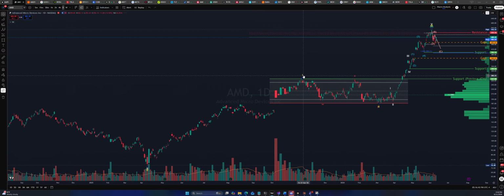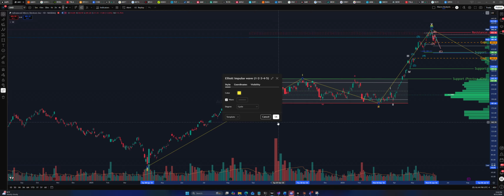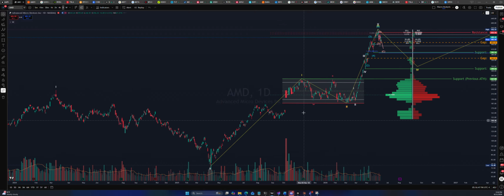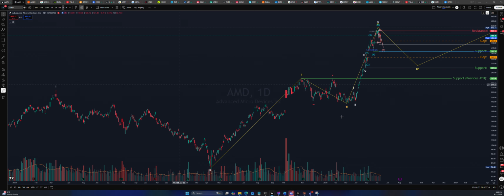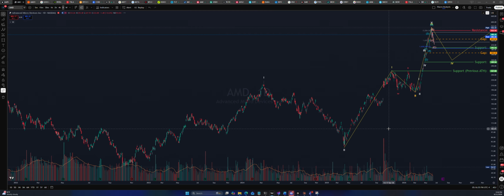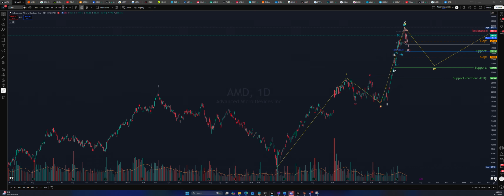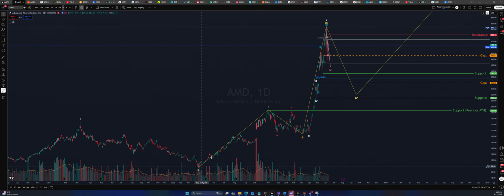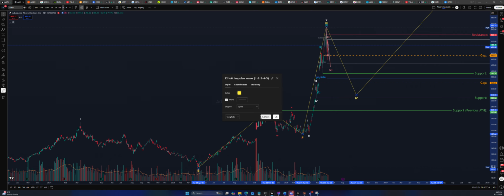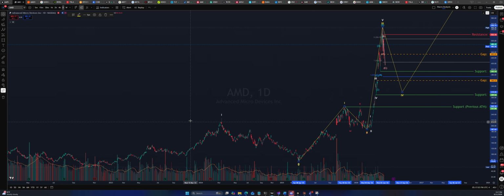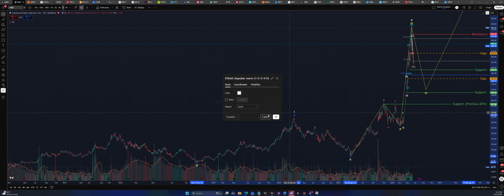Now, in terms of Elliott wave forecast, let's remove that. You've had a wave 1. Let me do this here because you have to understand super cycle.